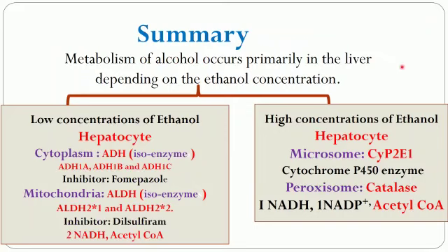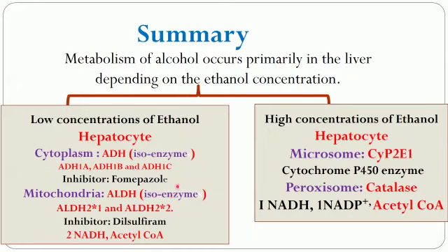Now, ethanol metabolism occurs primarily in the liver depending on the ethanol concentration. As I told you, a lower concentration of ethanol is metabolized in hepatocytes. The enzyme is ADH, which has many isoenzymes. Its inhibitor is fomepizole. So this enzyme has an inhibitor, and this may be used in the treatment of ethanol intoxication. The mitochondria has the enzyme aldehyde dehydrogenase.